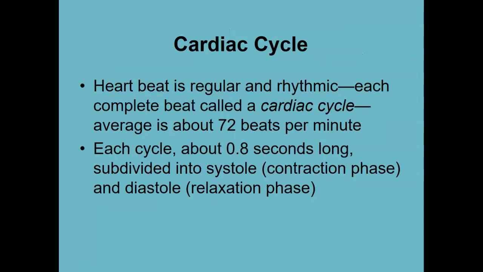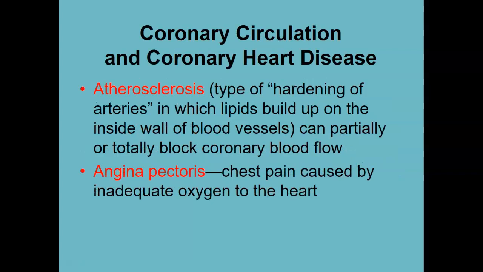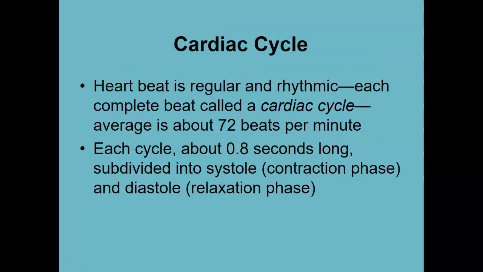So a regular healthy heart cardiac cycle, one that's not interfered with by atherosclerotic angina, should normally be about 72 beats per minute, just average. That includes getting up and walking around a little bit. It includes sitting down.